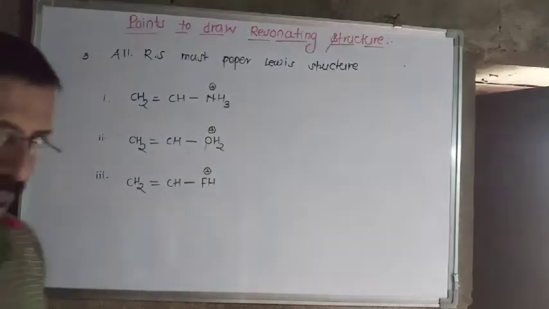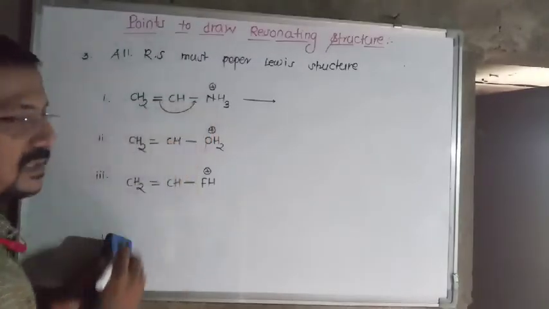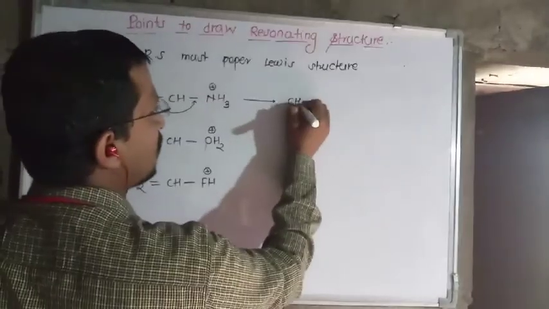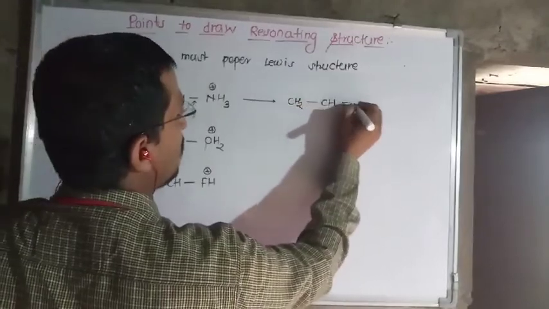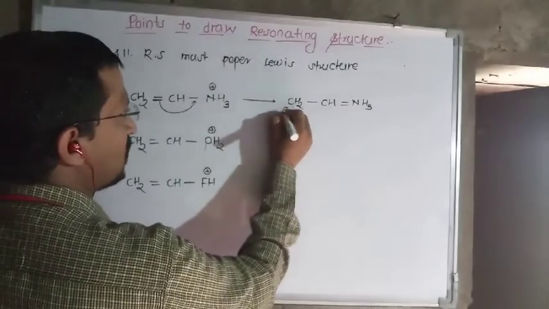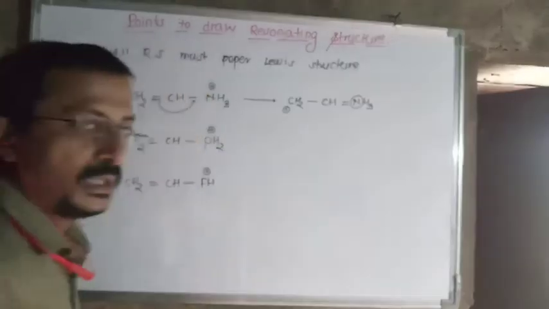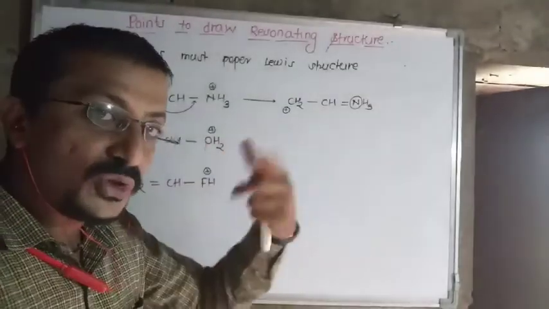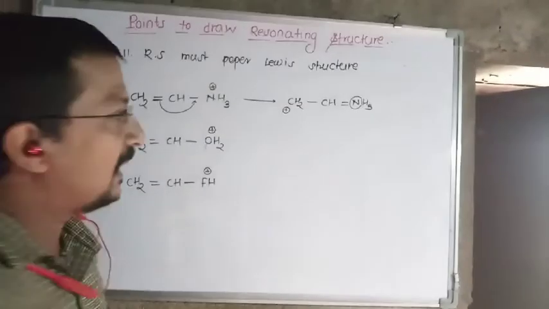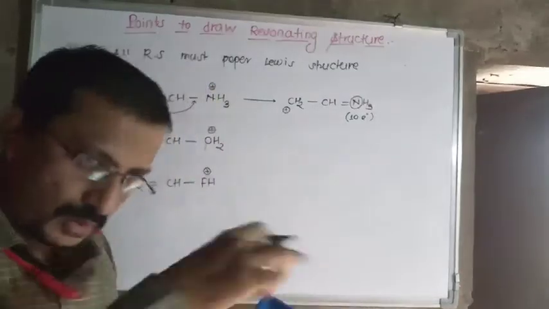But after resonance, what is the condition? If I resonate this first, for example, suppose the double bond is shifted from here in this case, then what happens? CH2-CH=NH3. Just by observing this, there is a positive charge here, and if you consider the nitrogen, the octet of nitrogen is violated, octet rule, because in this case there are 10 electrons around the nitrogen.